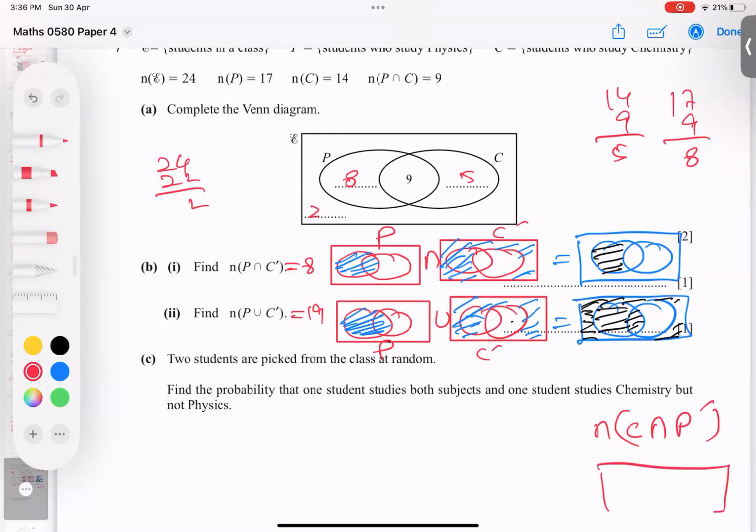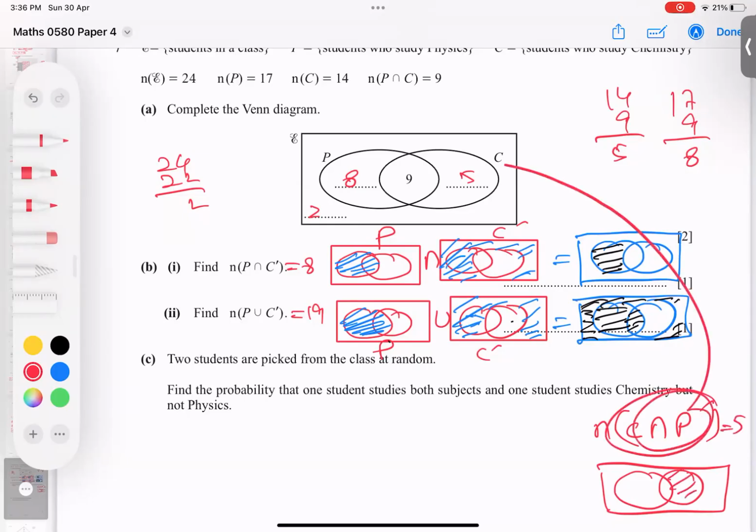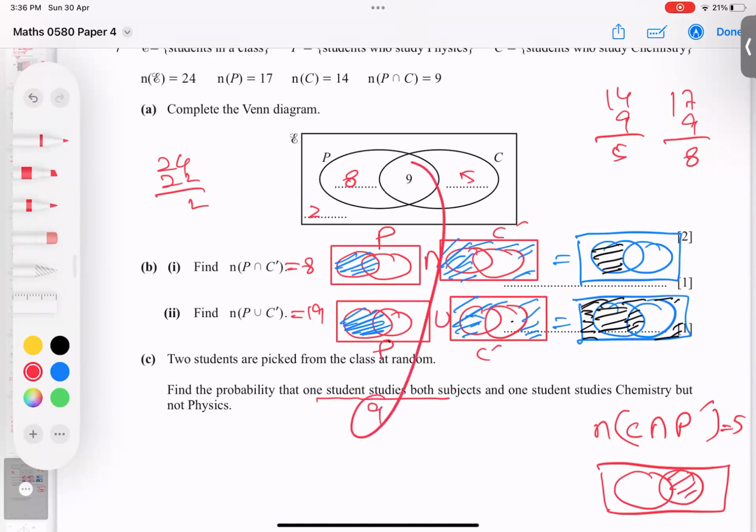This is called half moon of C. So not physics means this member is 5. So I'm writing here: one student studies both subjects, so 9 people are there, and one student studies chemistry but not physics, so 5 people are here, and total 24.